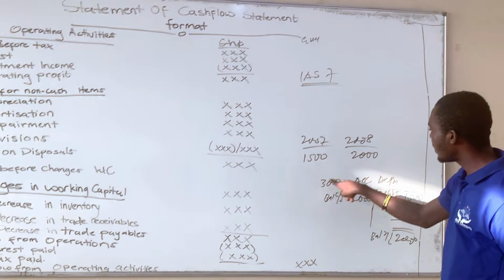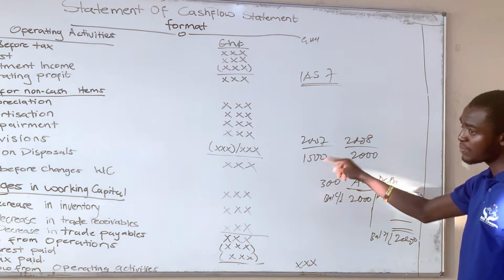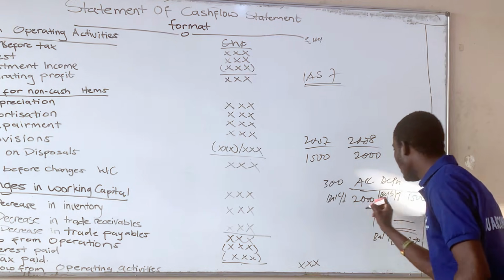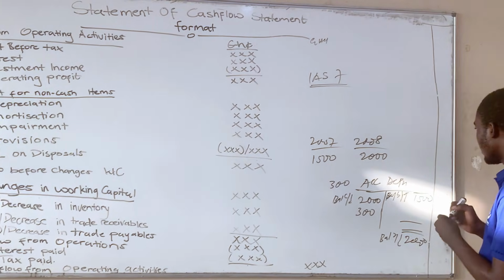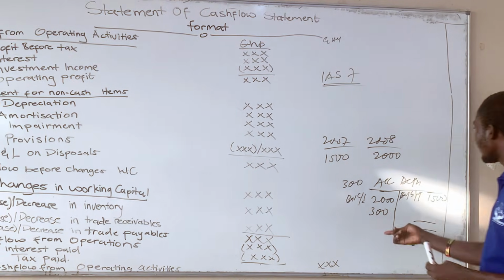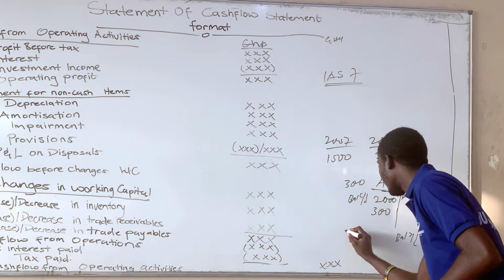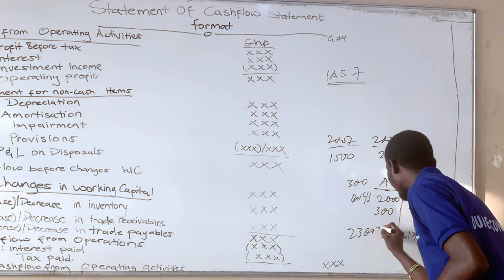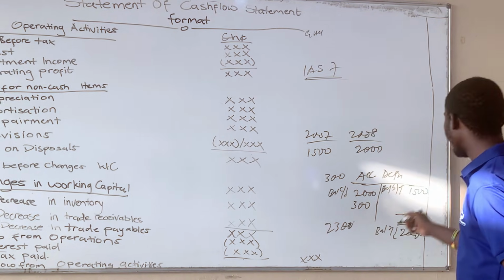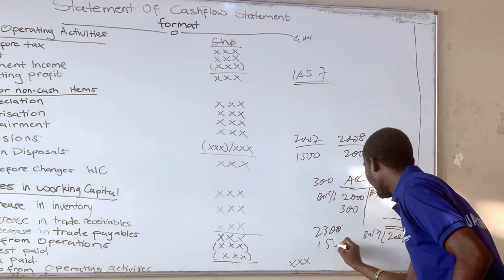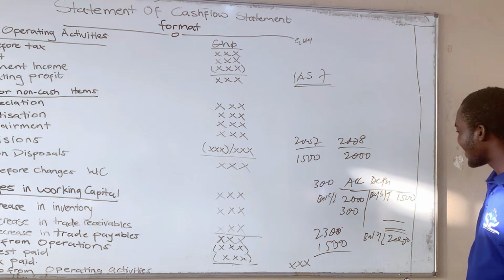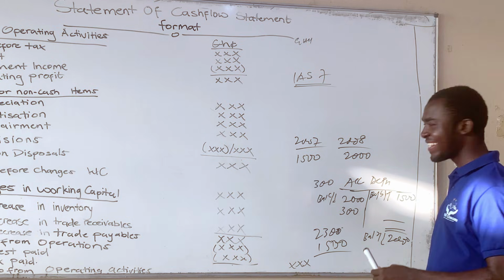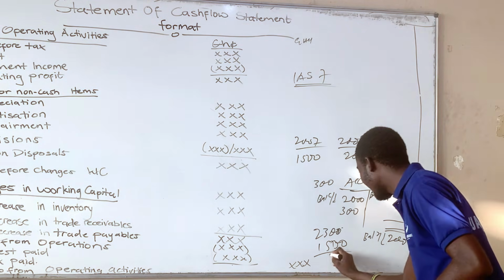So the total depreciation charge on disposal of vehicle, which is 300, we record at the debit side. So after recording this, the debit side will be 2,300, and that of the credit side is 1,500. So we find the difference between the debit side and the credit side, which will be 800.